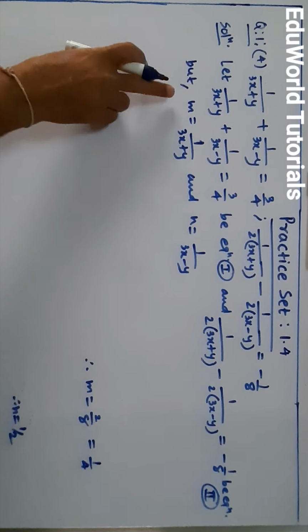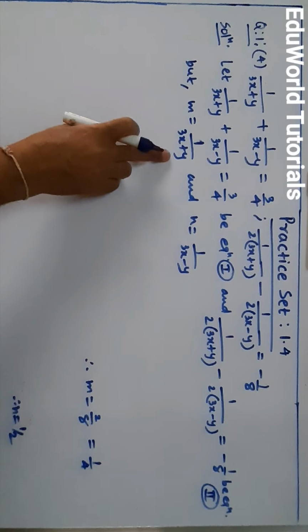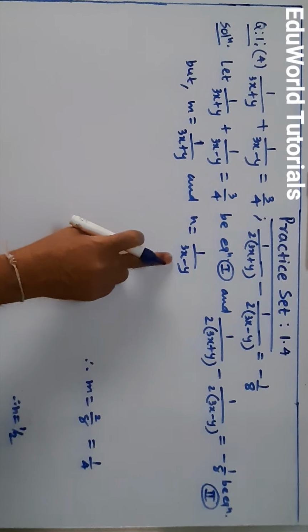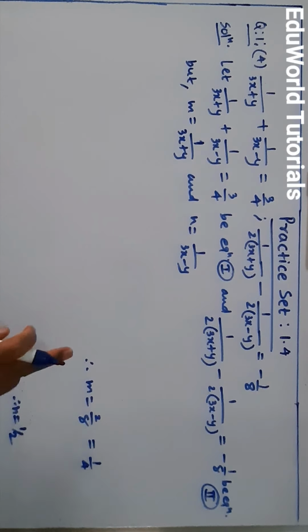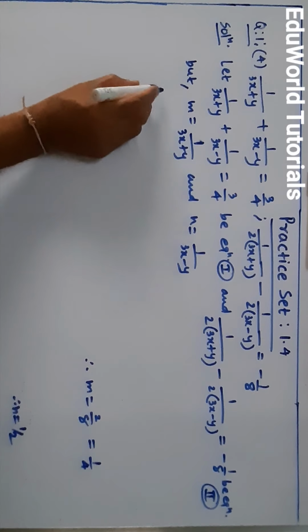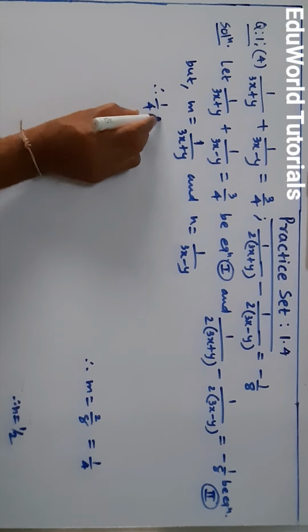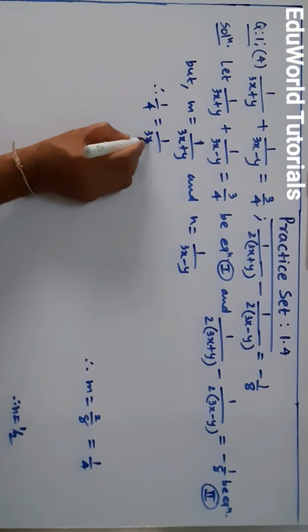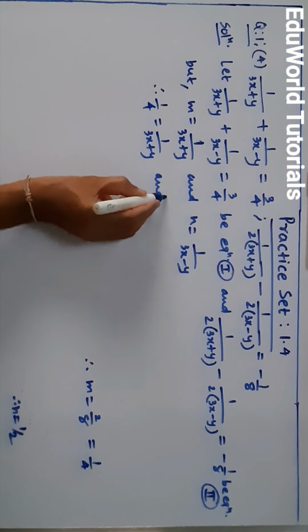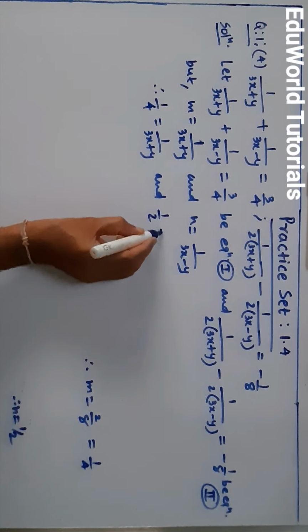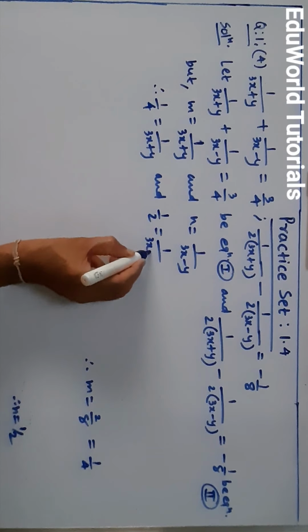I will write m equal to 1 upon 3x plus y and n equal to 1 upon 3x minus y. It was the first step of the sum, and I got m and n. So m is 1 upon 4, so 1 upon 4 is equal to 1 upon 3x plus y, and n I got 1 upon 2, so 1 upon 2 is equal to 1 upon 3x minus y.